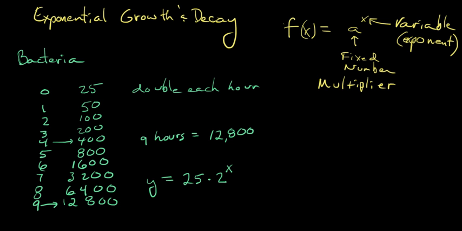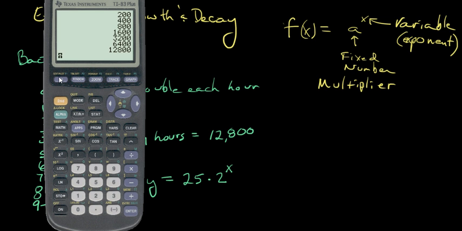And let me show you how that works. So I've got 25 times 2 raised to the x power. I'm going to graph that, but first I'm going to create a window, because this is going to go up high. I can't make the window go up to only positive 10 for y. So let's make x go from negative 2 to positive 10.